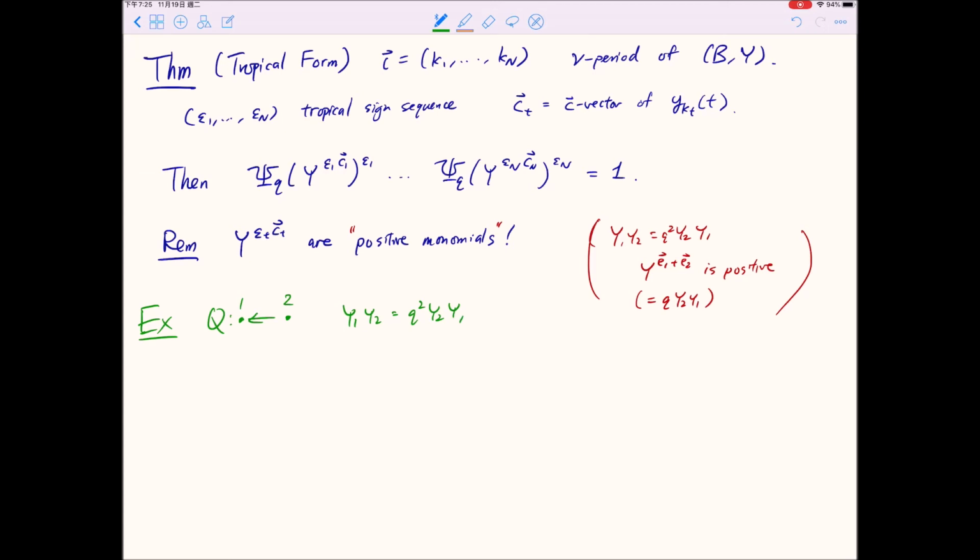So here again, we choose I to be 1, 2, 1, 2, 1. And then we know that the mu period, the mutation, the permutation is just interchanging 1 and 2.